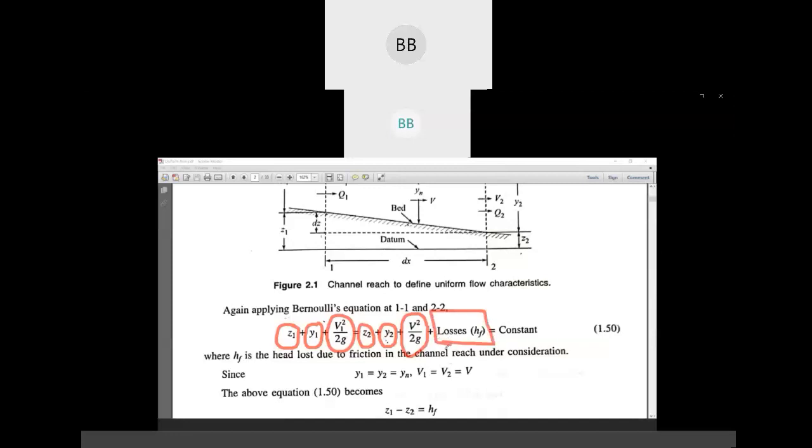Then only the total energy at section 1 is equal to the total energy at section 2.